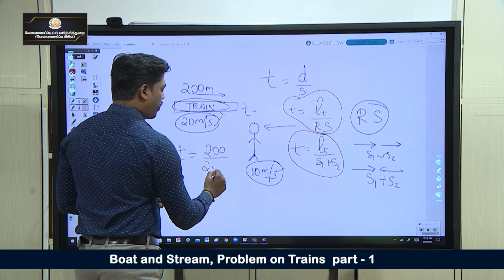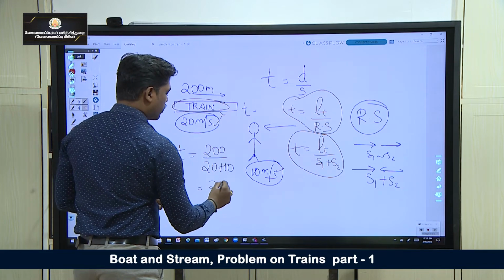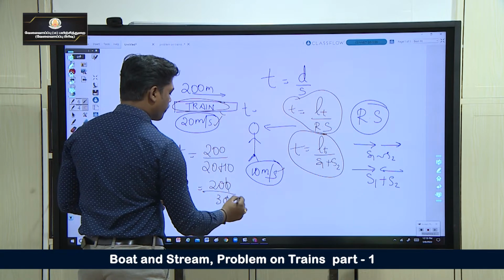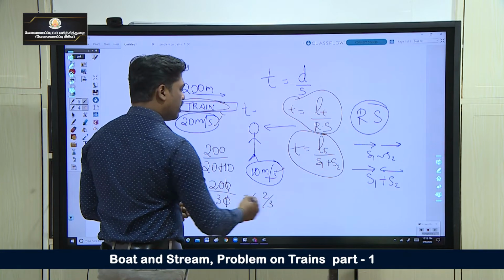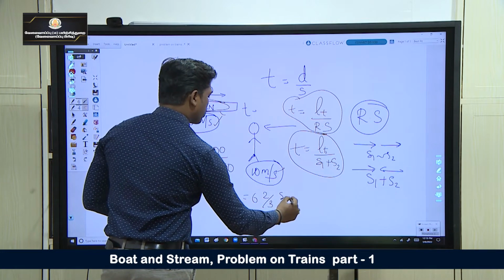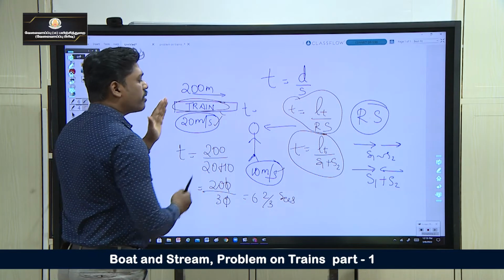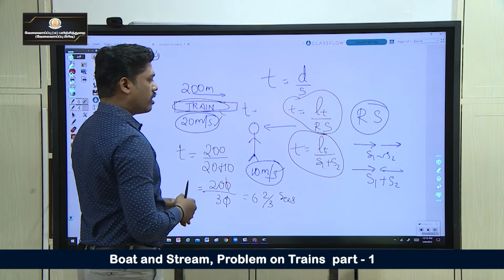So 20 plus 10. So 200 divided by 30. You will be getting 6 2 by 3 seconds. In 6 2 by 3 seconds, the train will cross the man who is moving in the opposite direction. Is that clear?